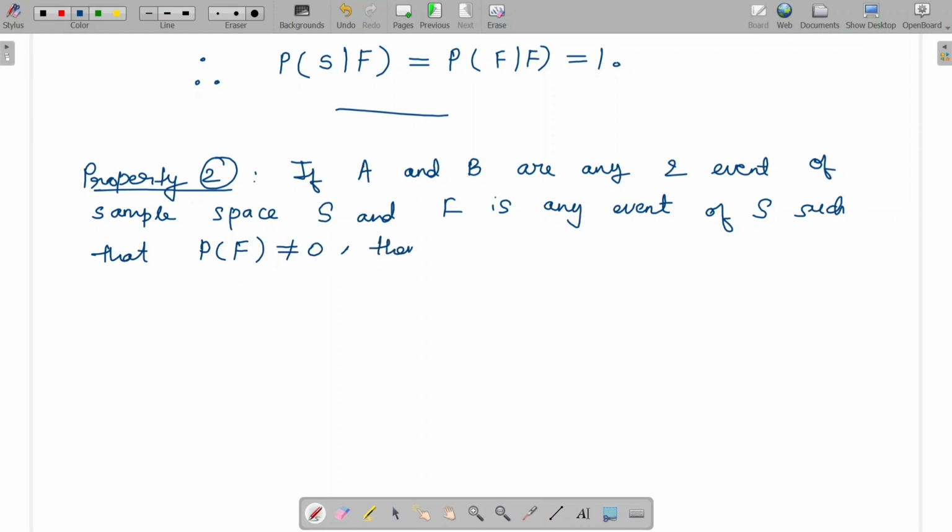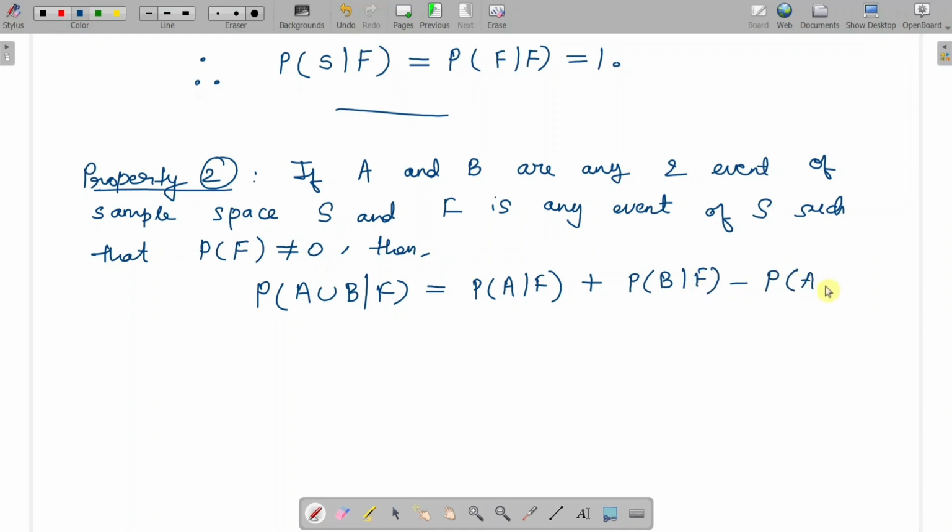then we have probability of A union B such that F occurs is equal to probability of A such that F occurs, plus probability of B such that F occurs, minus probability of A intersection B such that F occurs. This is the formula. And in particular, if A and B are disjoint, let us see what formula we get.